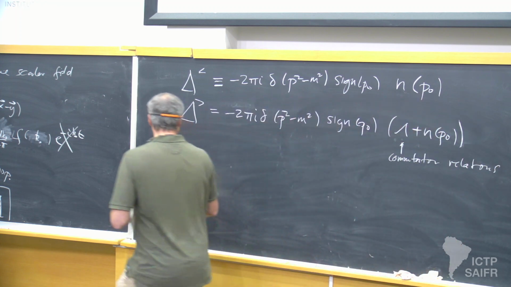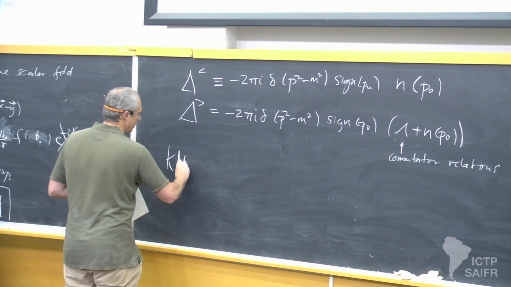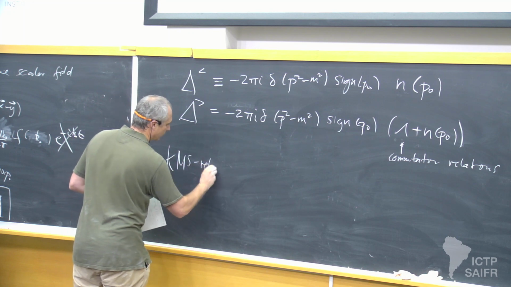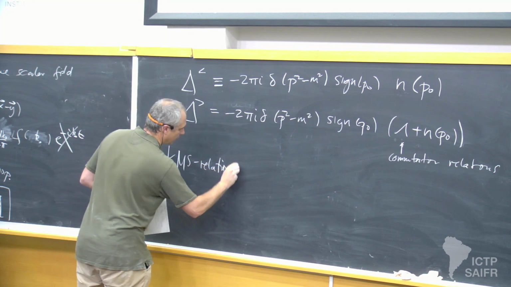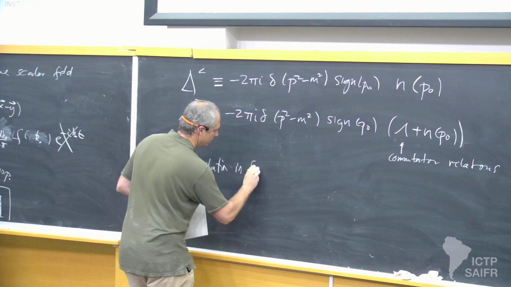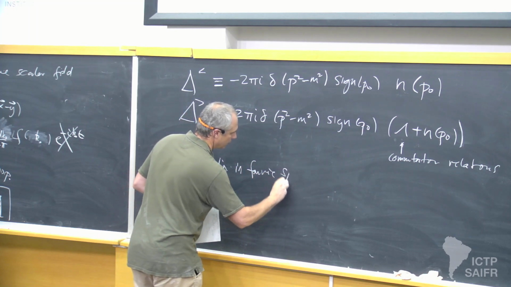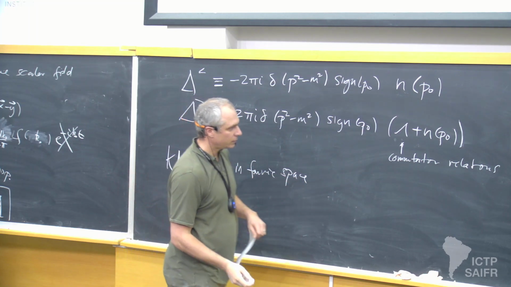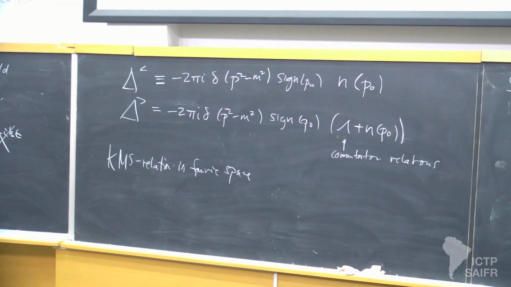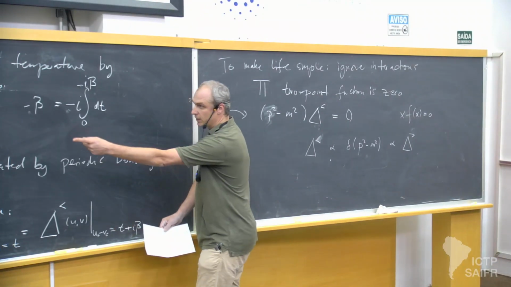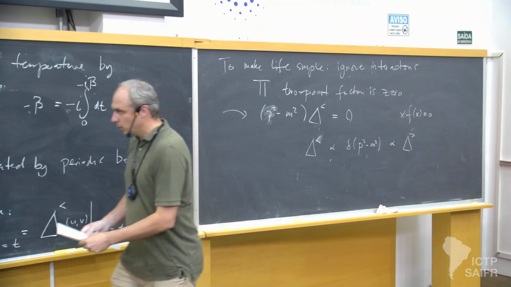Okay, last final ingredient: the KMS relation in Fourier space. Imagine everything just depends on differences. You now go to Fourier space and you have this additional shift. You can do the same trick that I just did with t equal to 0.